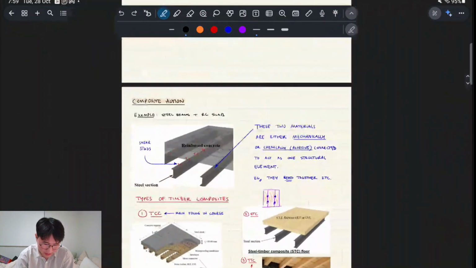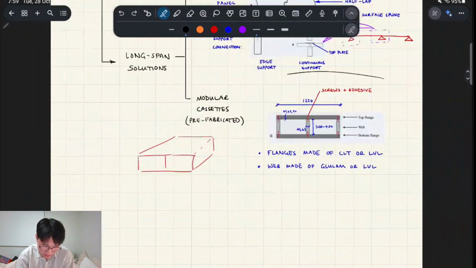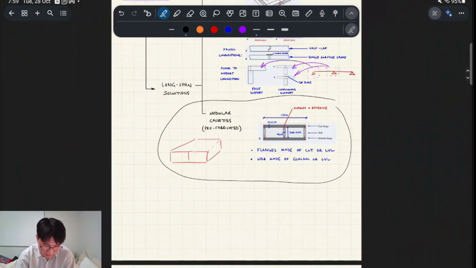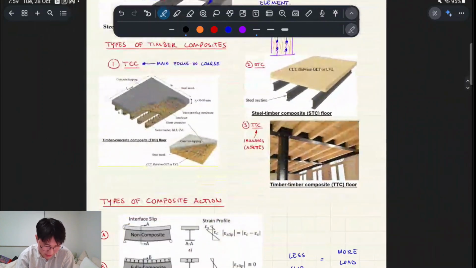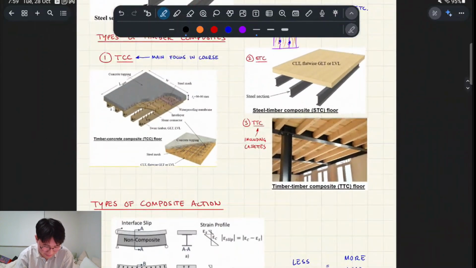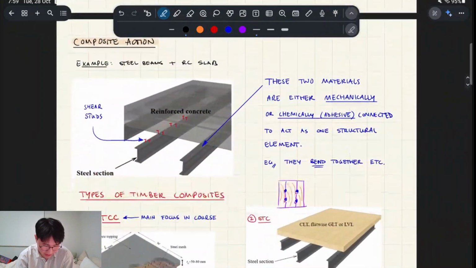For example, the modular prefabricated cassettes, where you use say CLT as the floor or the flanges, and then you use glulam for the webs. I think that's a TTC. I'm getting confused myself. But yeah, we're going to be looking at things like that.